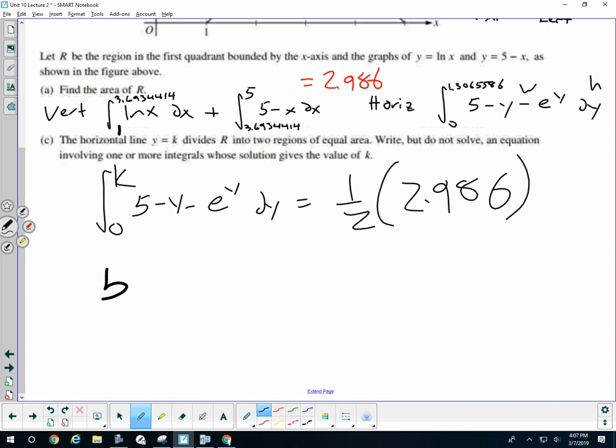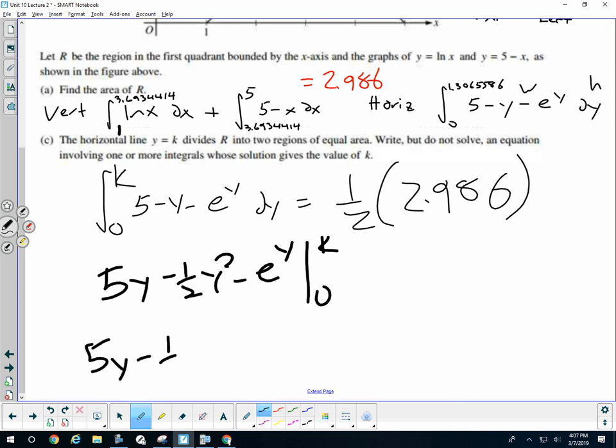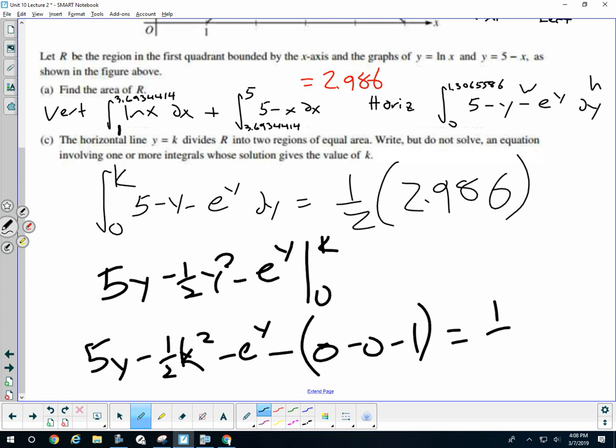We would have the antiderivative from 0 to k. I'd have 5k minus 1/2 k squared minus e to the k minus, if I plug 0 in, I'll have 0 minus 0 minus 1, and that will equal this. I can plug this into my calculator, and I can find the intersection. It's important when you plug 0 in, you don't get 0.